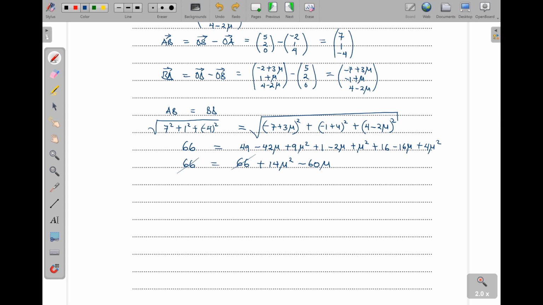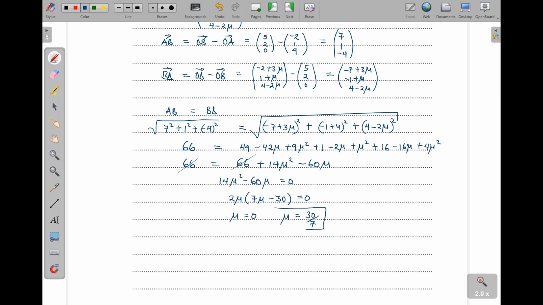So what is common here? We have 14 mu squared minus 60 mu, which is equal to 0. So 2 mu is common. I can factorize this, and then we have 7 mu minus 30, which is equal to 0. So mu can be 0 or mu can be 30 over 7.